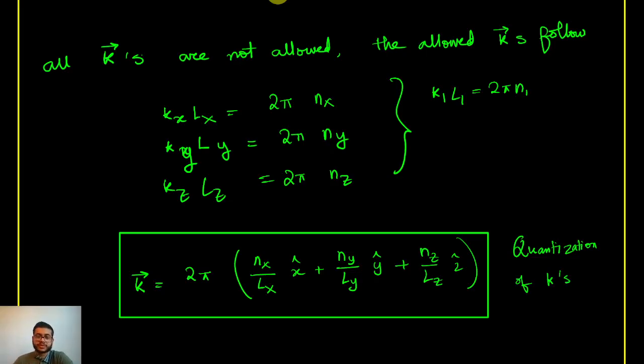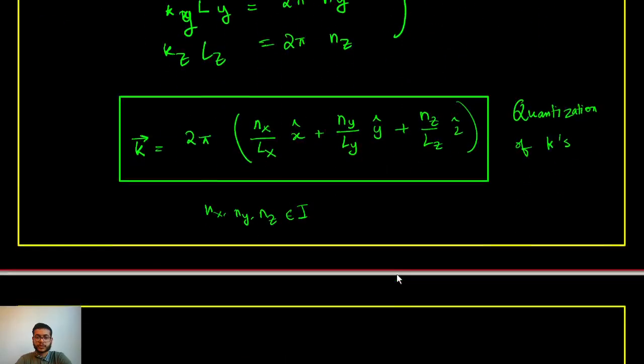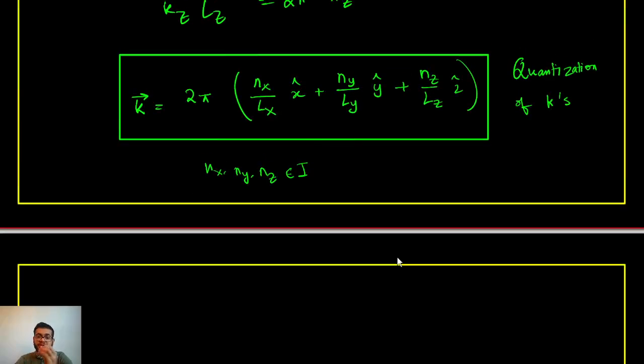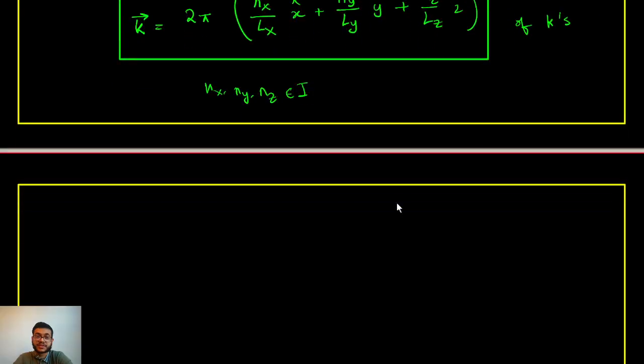So what are nx, ny, and nz? These are just integers. These are the k's which are allowed. As we can see, these k's also form the reciprocal lattice that we discussed earlier.